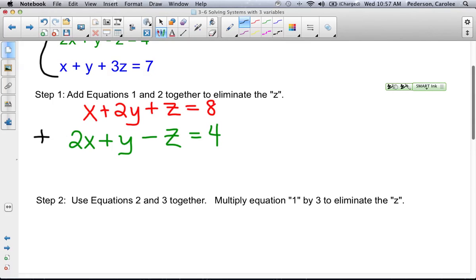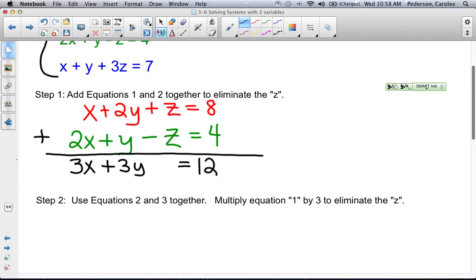When I add them together, I get x plus 2x is 3x. I get 2y plus y is 3y. And then positive z plus negative z, those cancel out. And then 8 plus 4 is 12. Now again, we're going to refer back to this black example in a little bit.